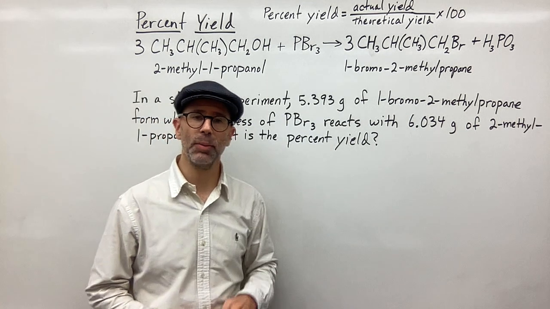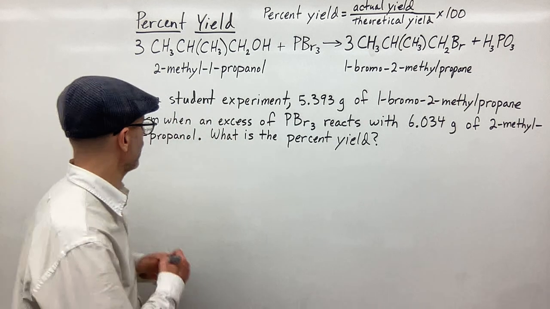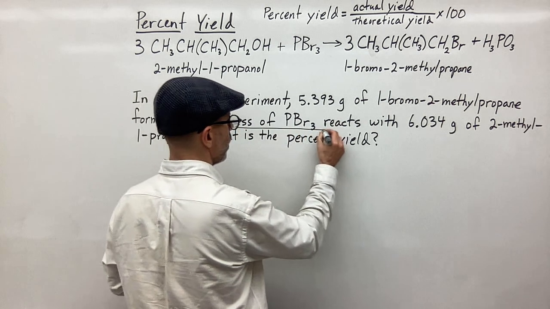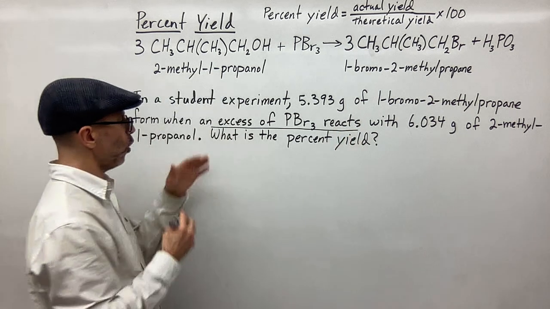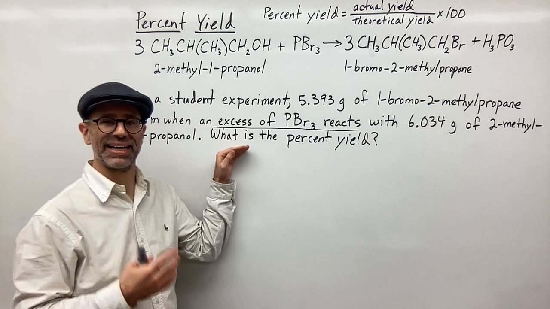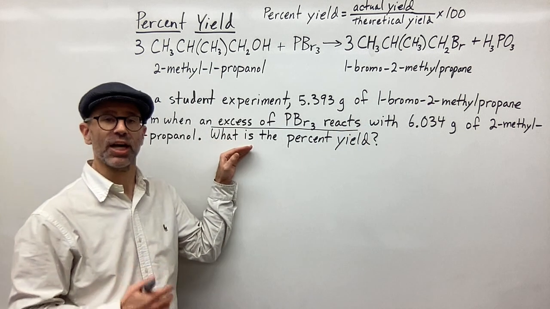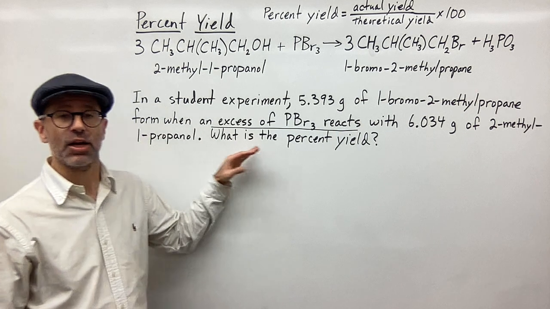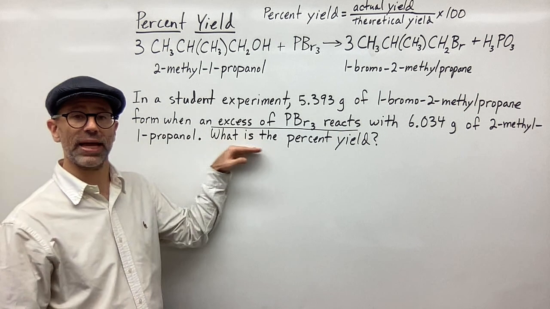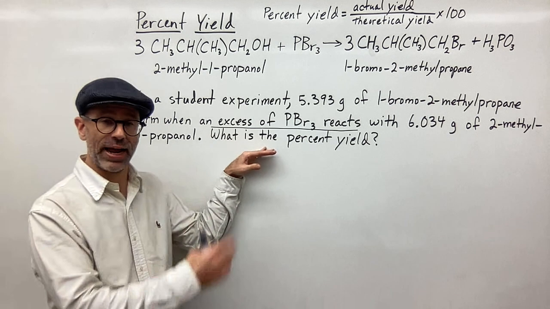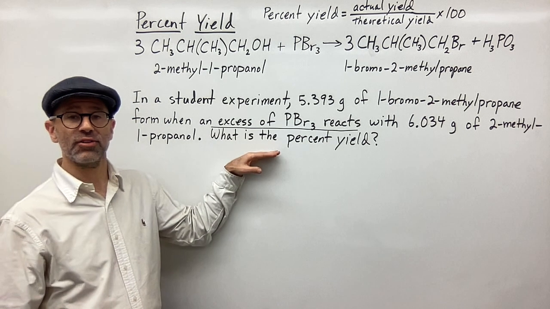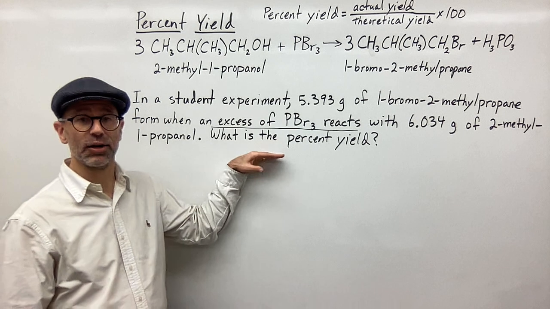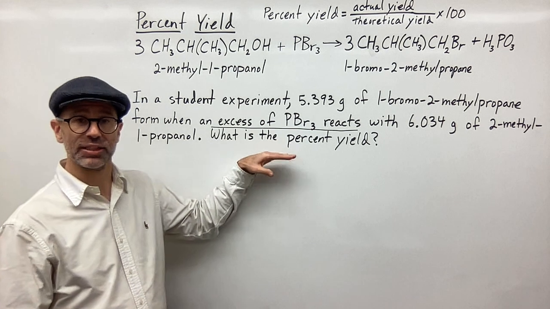Now, one thing that I want to point out right away is this phrase here, when an excess of PBr3 reacts. So you're told right off the bat that you have an excess of PBr3 reacting with a given amount of the other reactant. Because we're told we have an excess amount of one reactant, that means that this is not a limiting reagent problem, because they're already telling us what the limiting reagent is.